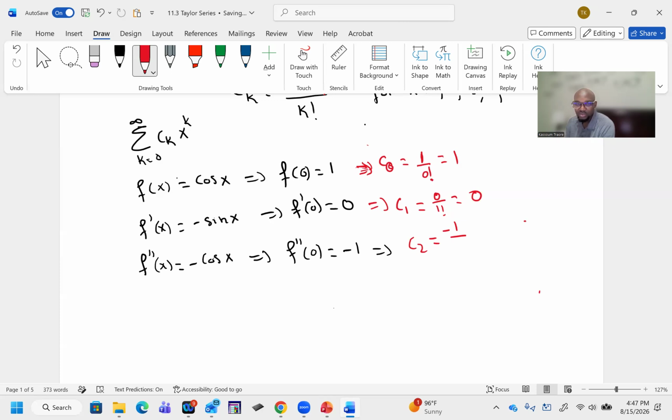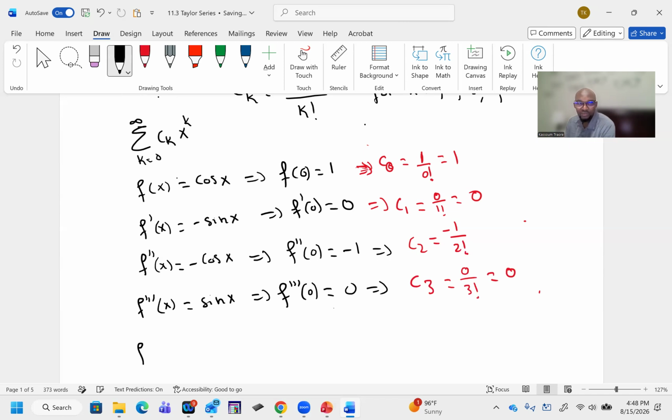Because k is 2. And then the third derivative of f of x will be equal to sine x. So which means the third derivative of f at 0 will be 0. So we can see c sub 3 also will be 0 divided by 3 factorial, which is 0.